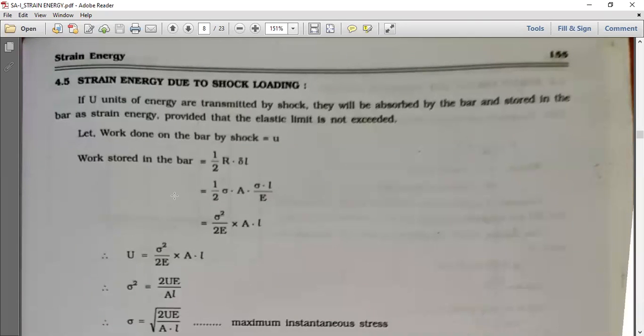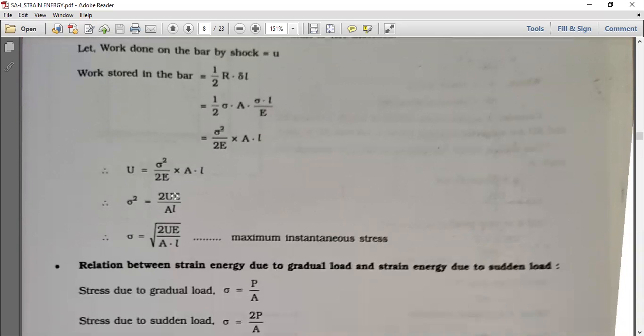Work done on the bar by shock is equal to U. Work stored in the bar is equal to 1/2 R into delta L. R is equal to sigma into A, and delta L is equal to sigma L upon E. Putting in the values, U is equal to sigma square upon 2E into A into L. Now sigma square is 2UE upon AL, which is the maximum instantaneous stress.